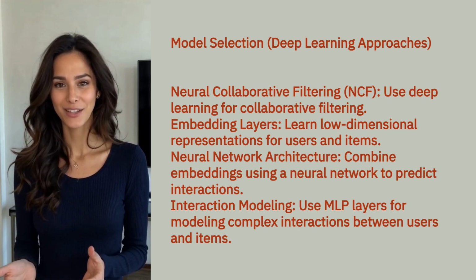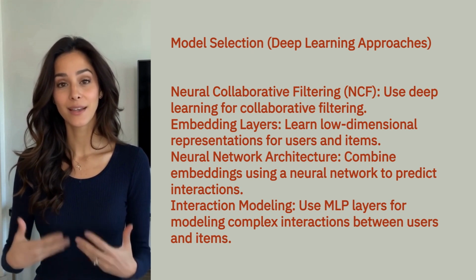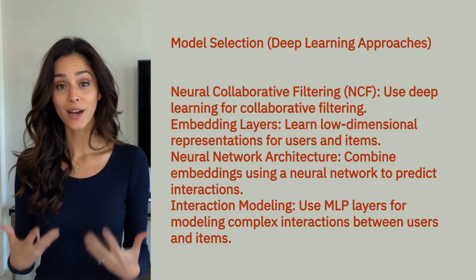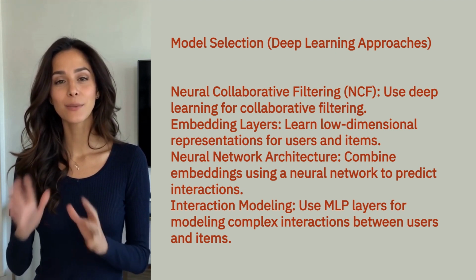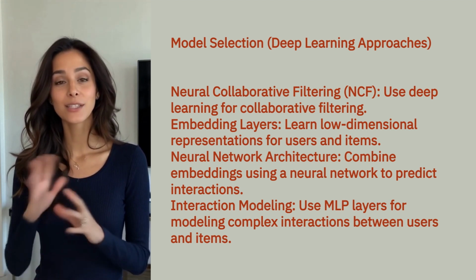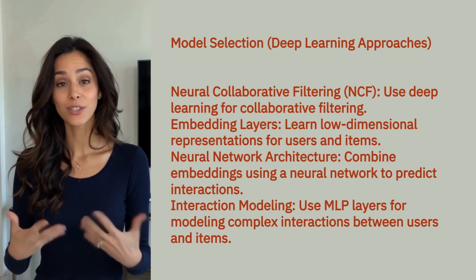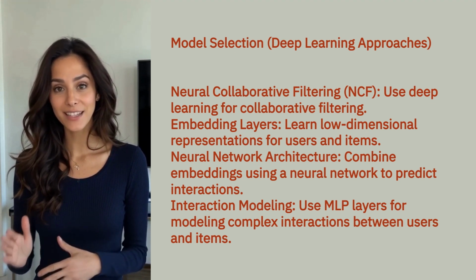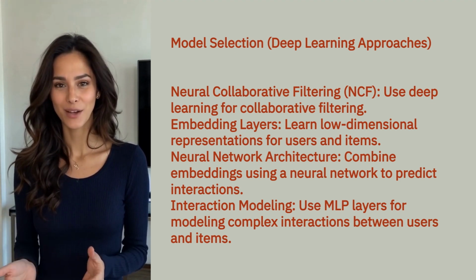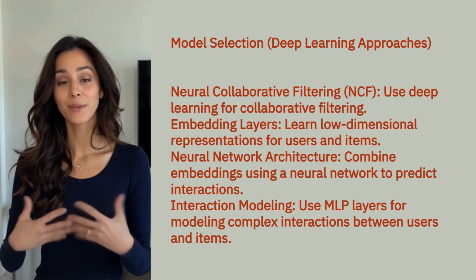These vectors are then combined through an MLP, multi-layer perceptron, which allows the model to learn nonlinear interactions between users and products. This method can capture more complex patterns in user preferences, especially in large-scale systems where traditional matrix factorization methods might struggle. NCF often outperforms classical models by detecting intricate relationships between the user and item data that simpler models may miss.